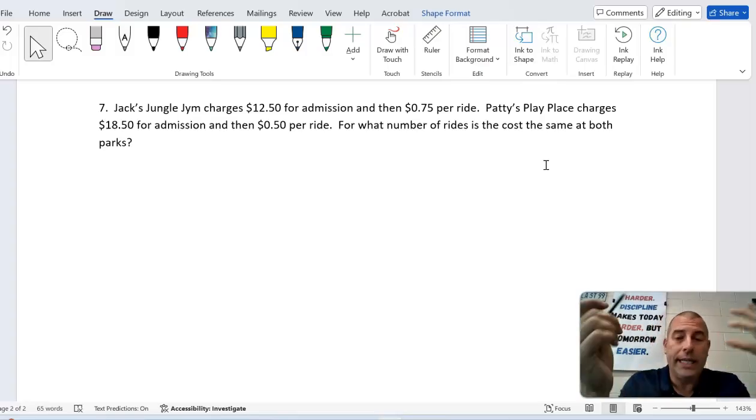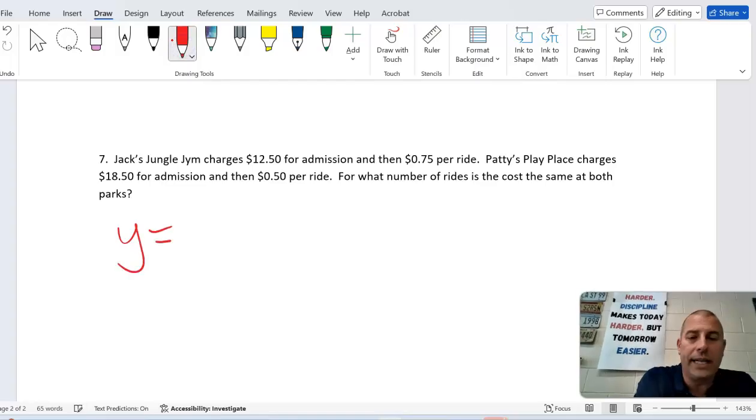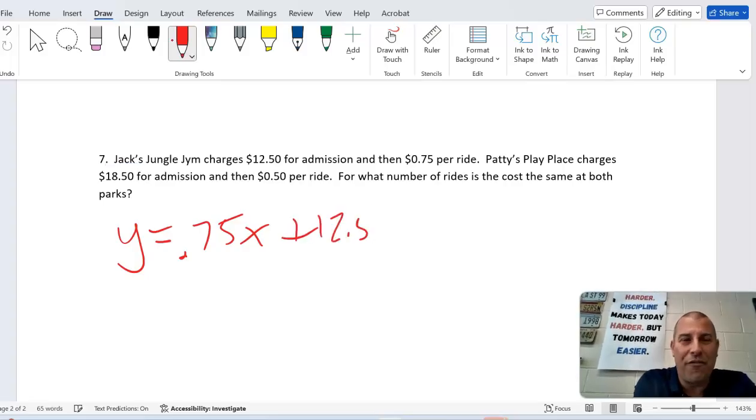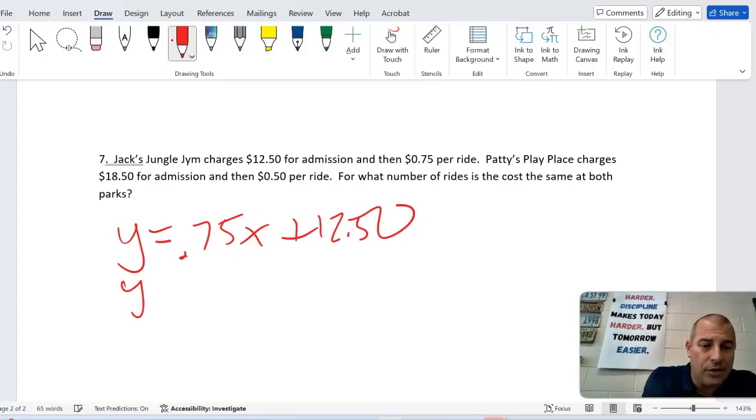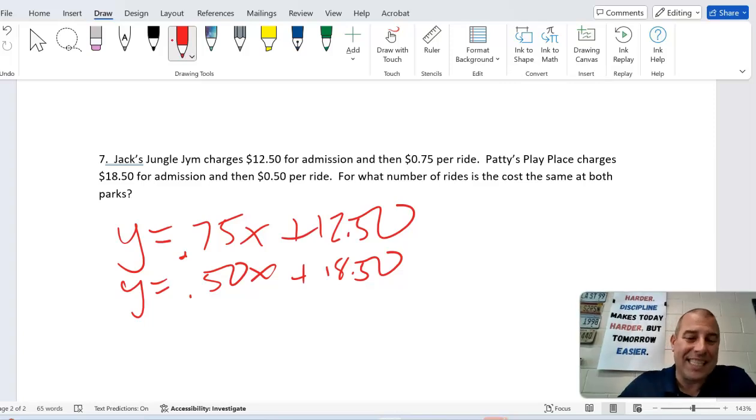So writing the equation, we're going right into y equals 75 cents per ride. That's our slope. And then $12.50 for admission, because that's the initial amount. The other side is going to be the same thing, because it's the same scenario: 50 cents per ride, and then they charge you a flat rate of $18.50.